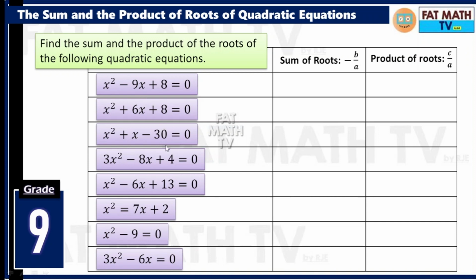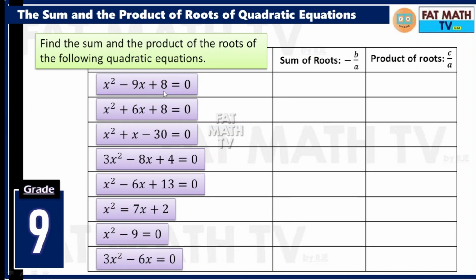If the equation is not written in standard form, like in this case here, x squared equals 7x plus 2, then you should write it first in standard form. And then after that, you identify a, b, and c. And then you use these two formulas. Okay, the first one, it's already in standard form. Our a here is 1, b is negative 9, and c is 8.